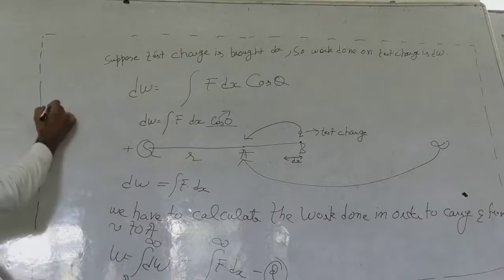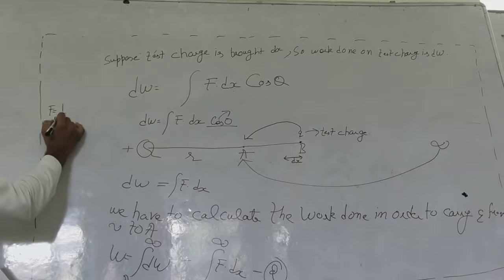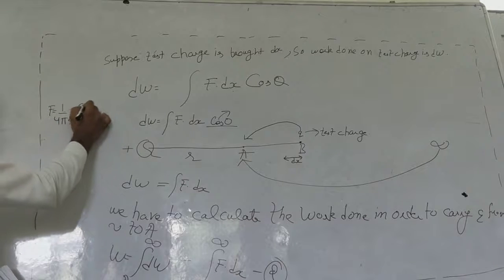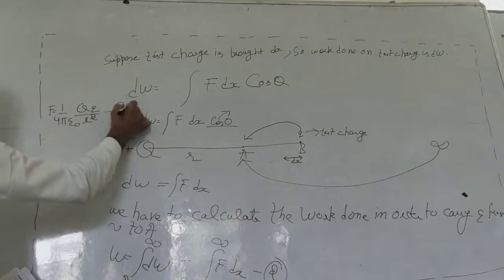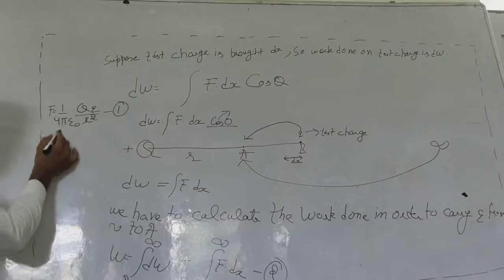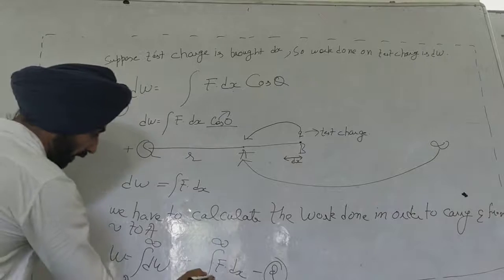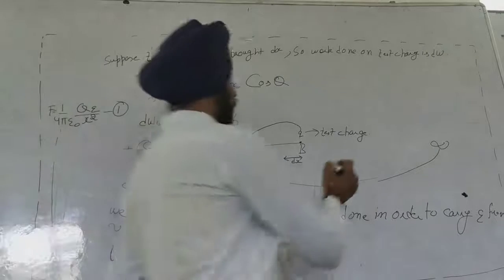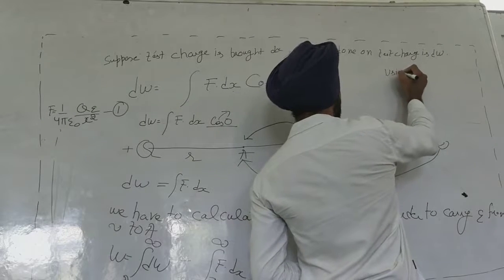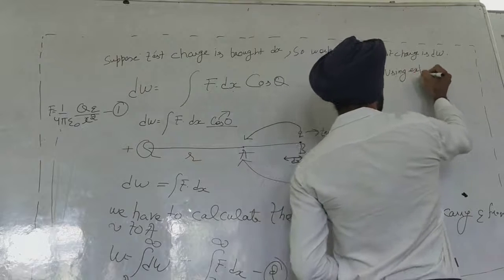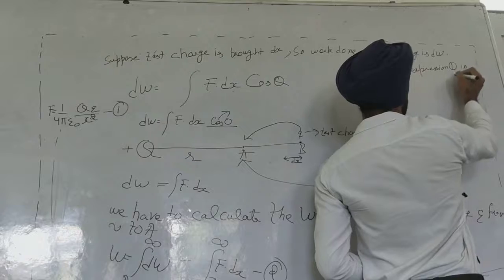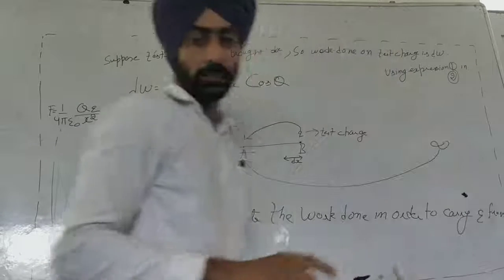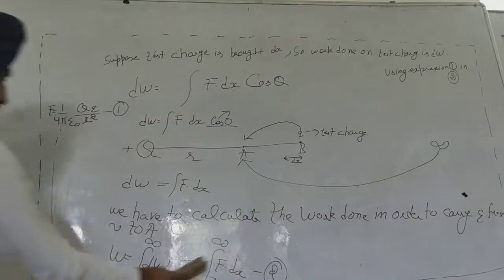And in 1, we have written the value of force, 1 upon 4 pi epsilon naught Q q upon x square. So we will be putting the value of force from expression 1 in expression number 2.